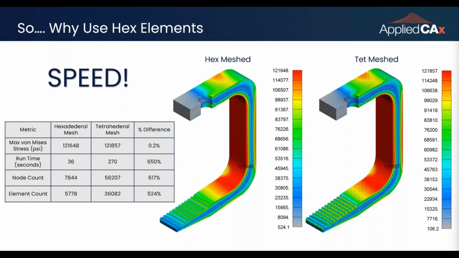Every node will have a component in the stiffness matrix, and when you add 617% more nodes, your matrices get much, much larger, and it takes the computer much longer to solve those systems of equations. And so, yeah, I just wanted to really highlight the speed and the fact that you're really not suffering accuracy losses for those gains in speed at all.